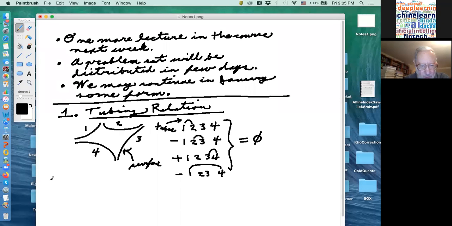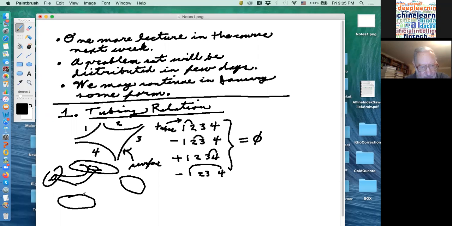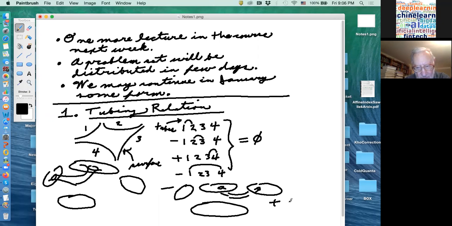So for example, you might have some situation like this where there's a tube between two surfaces here. Right, and then these two surfaces are left alone, and then you would have this surface, and there would be a tube from this surface to this surface, and this one would be left alone, and then plus, and so on, and it would all be equal to 0.